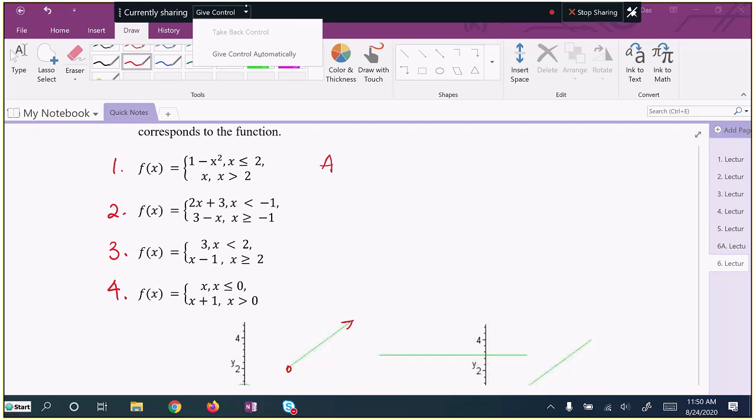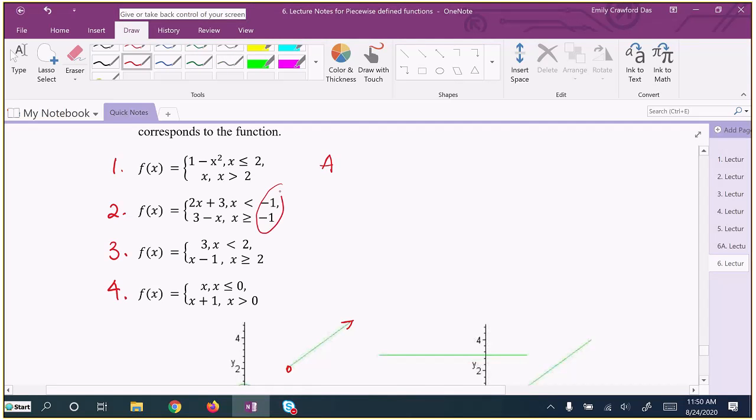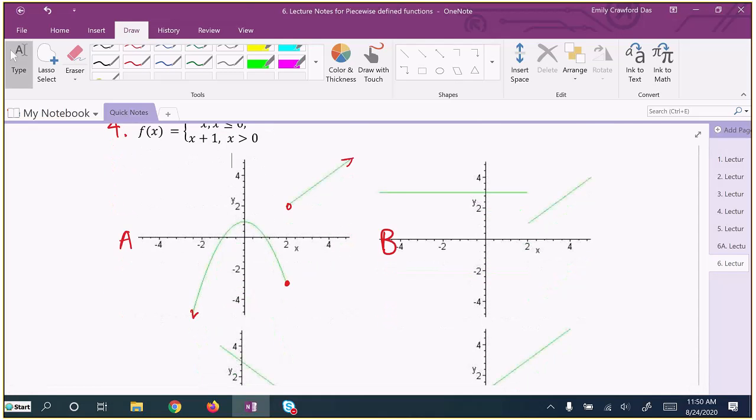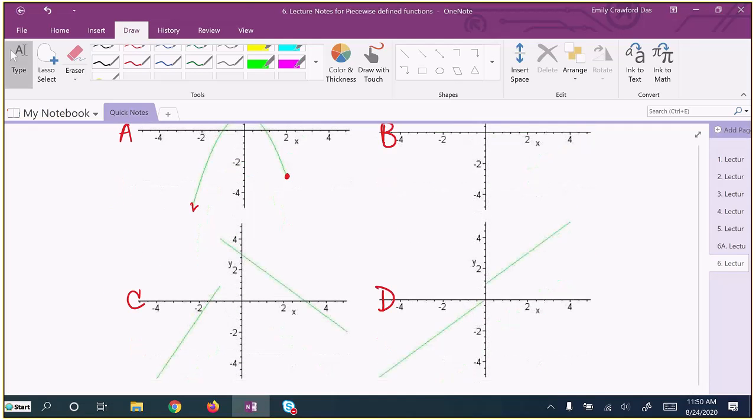Well, I think our best clue is going to be looking at this domain and where it breaks up. Since it's different for each of the three options, we should be able to find that in our graph. So number 2 follows the line 2x plus 3 for all x less than negative 1, and then the line 3 minus x for x greater than or equal to negative 1. So which of these graphs changes its behavior at negative 1?